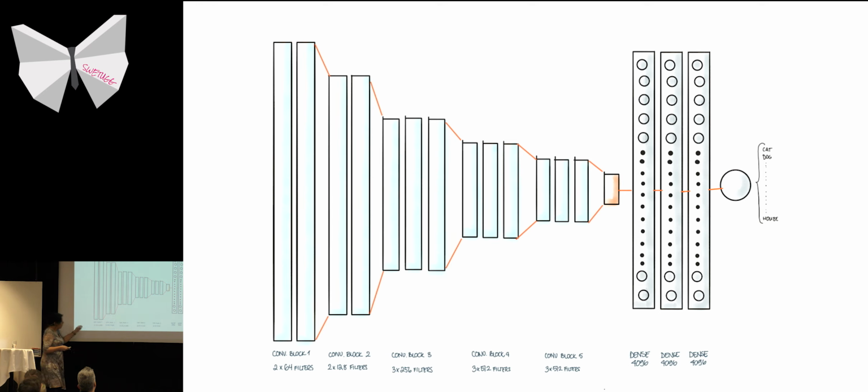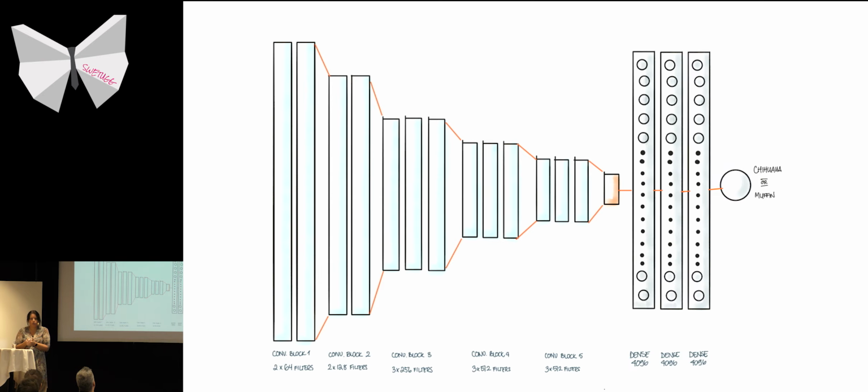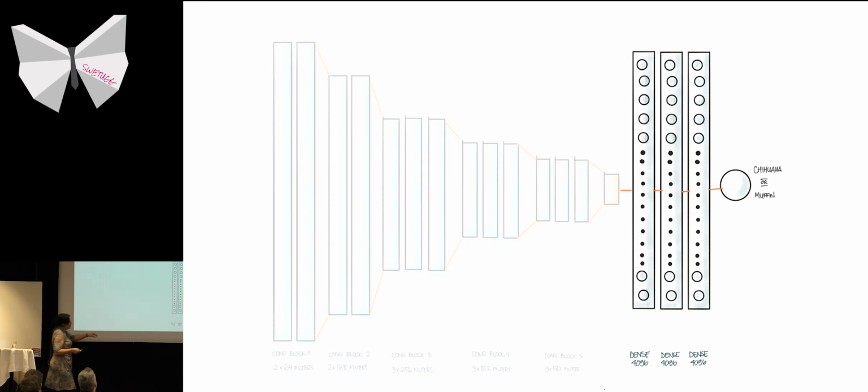So in this case, we have a network that is trained on ImageNet, a number of million images, where it tries to figure out 1,000 categories, and then we say, just take away the classifier and just give me the encoding of the image, and then I'll tack on my own classifier that will just classify Chihuahua and Muffin, and forget about training the encoder. We'll just use the encoder as is, but just train the classifier.